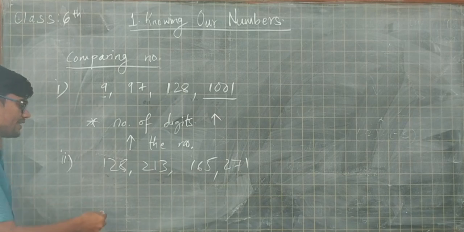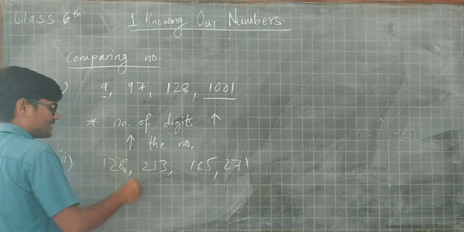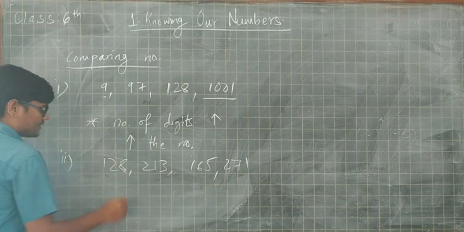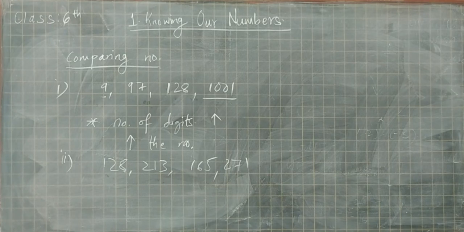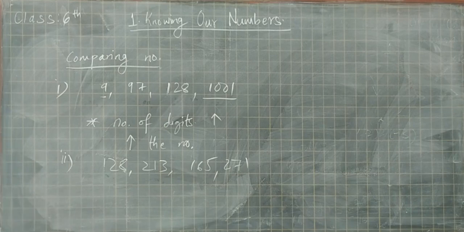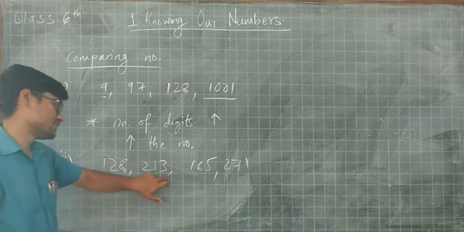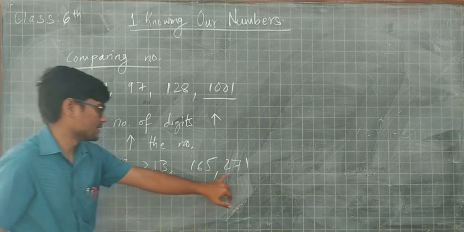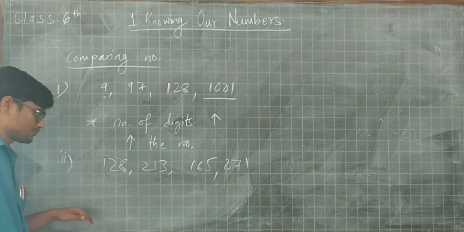So for now you can remember that this place is called the units place or the ones place. This place is called the tens place, and the third digit to the left is the hundreds place. So we see that in all the numbers we have a hundreds place. We can compare the hundreds place.